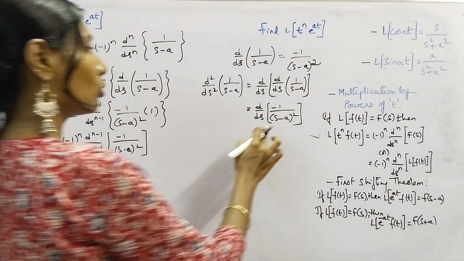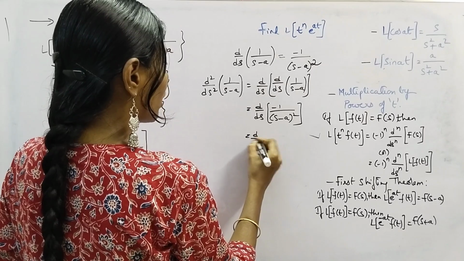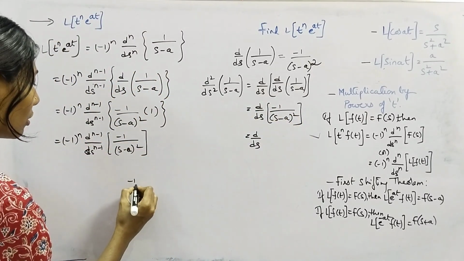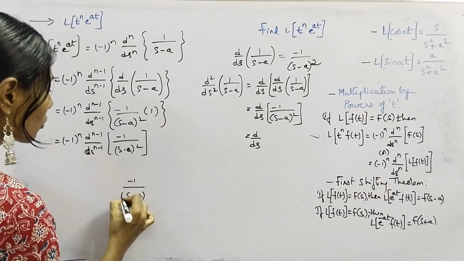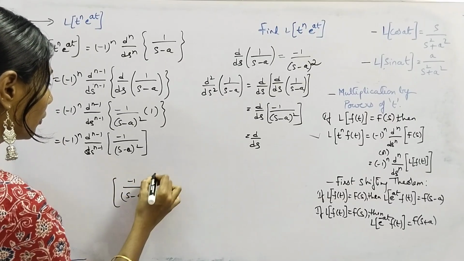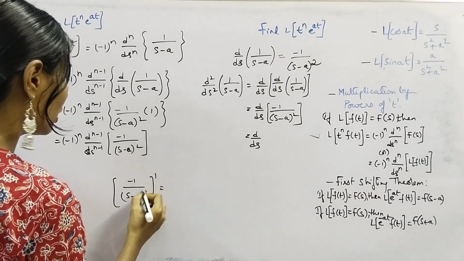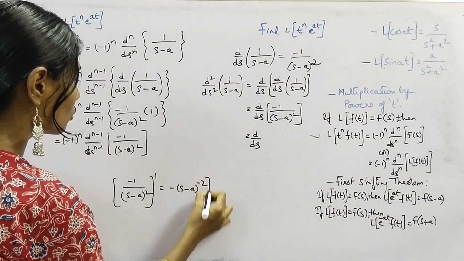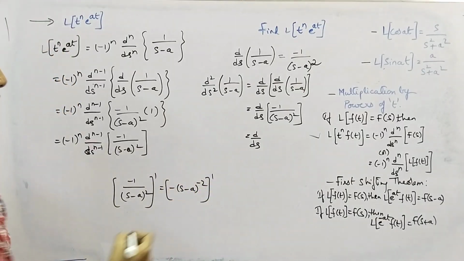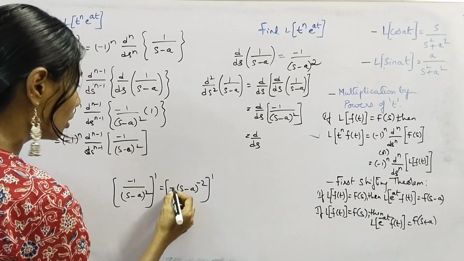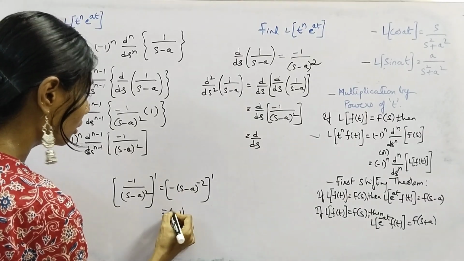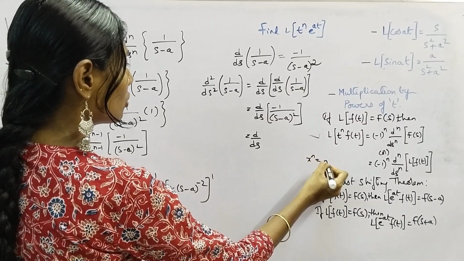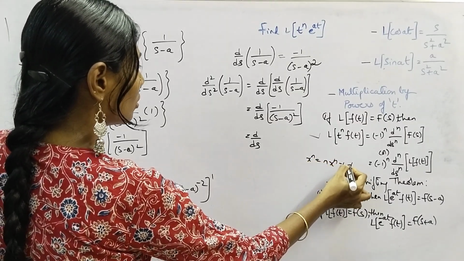Now we'll find the derivative of this, d by ds of minus 1 by s minus a whole square, more clearly. I'll write this as minus (s minus a) power minus 2. We can write this minus as minus 1 into the derivative of (s minus a) power minus 2, since the derivative of x power n is n into x power n minus 1 into the inner derivative.